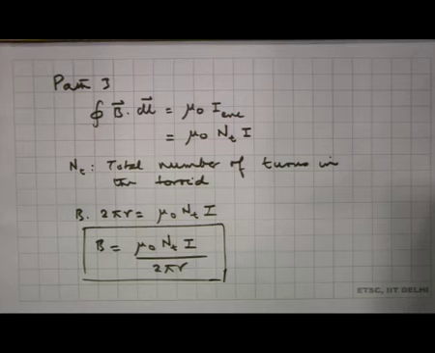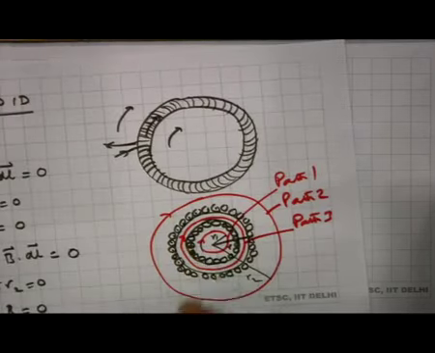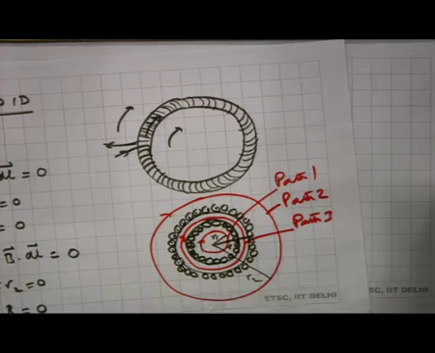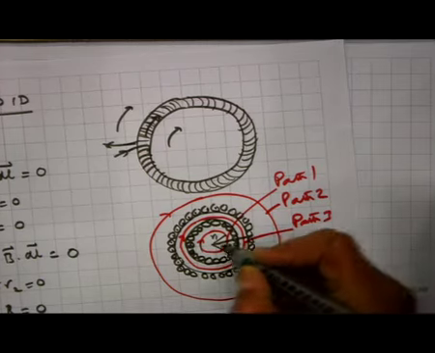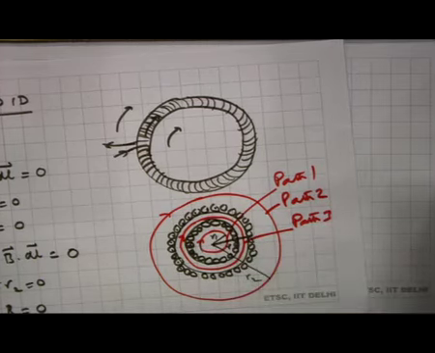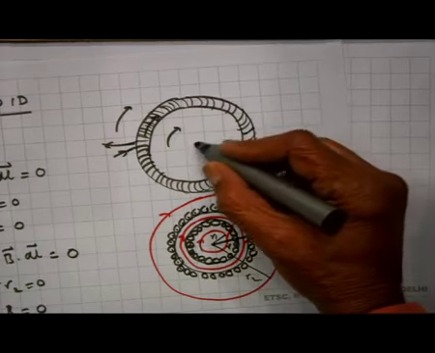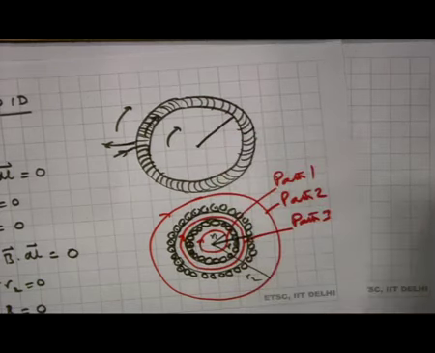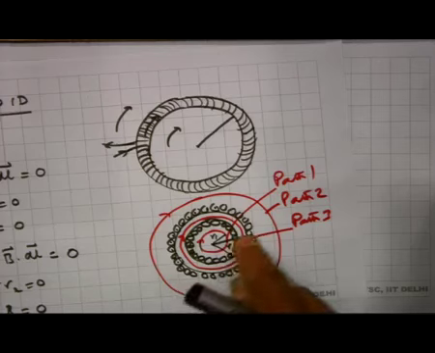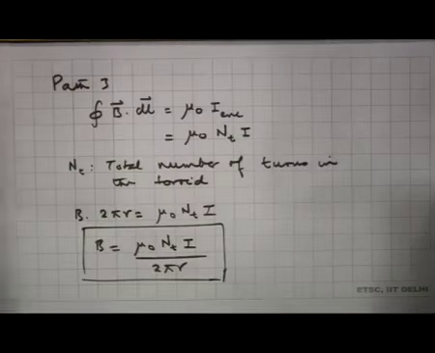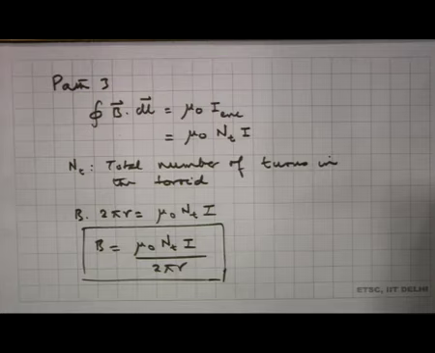So, there is a small dependence of magnetic field on the distance from the axis of the toroid, from the center of the toroid, but if the diameter of the toroid is small compared to this radius, then the variation in small r is very negligible and this is almost a constant magnetic field within this.